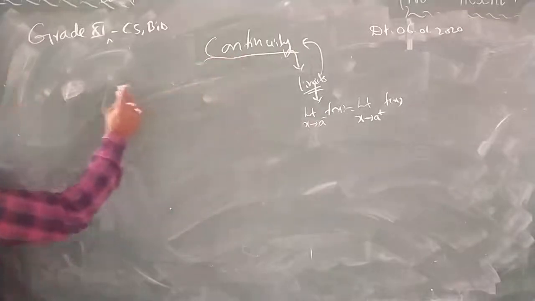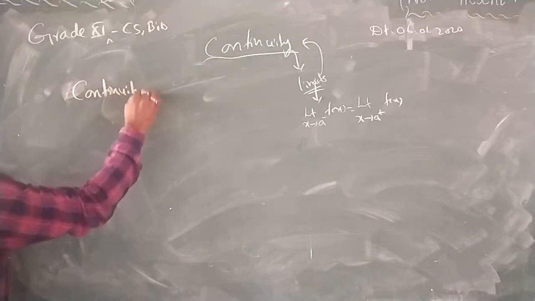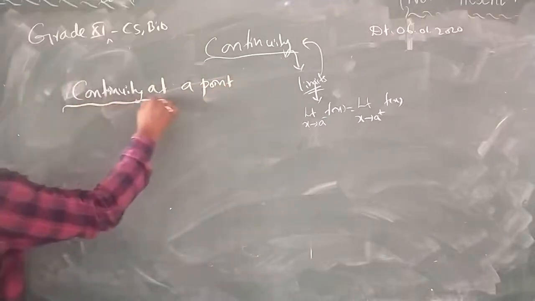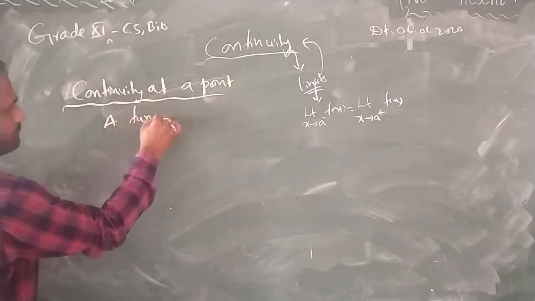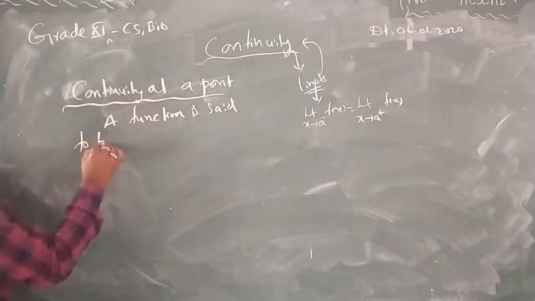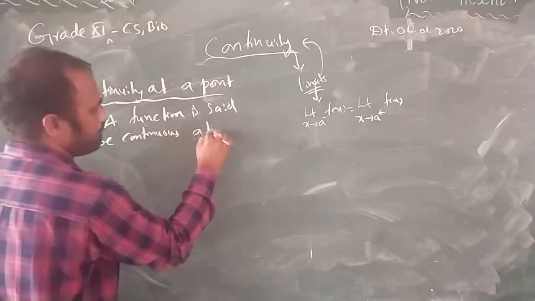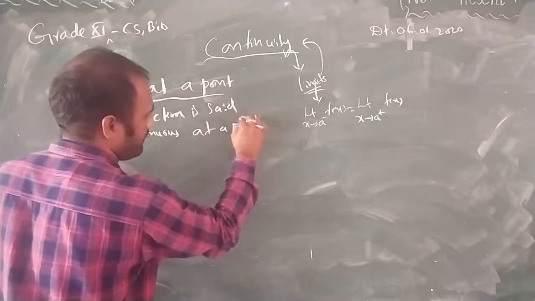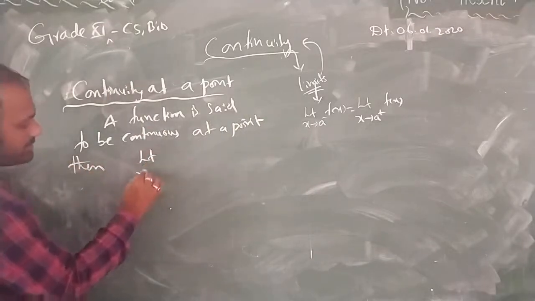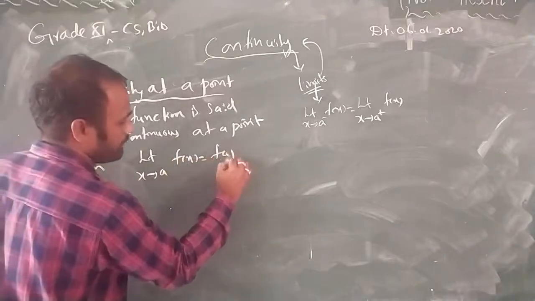In continuity we have two points to be remembered. First we will talk about continuity at a point. A function is said to be continuous at a point a, then limit x tends to a, f of x is equal to f of a.